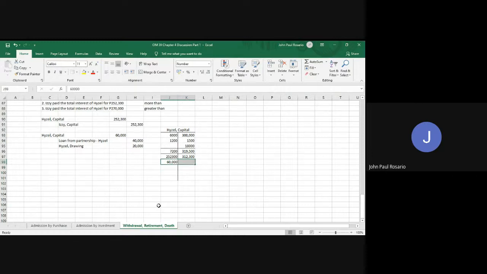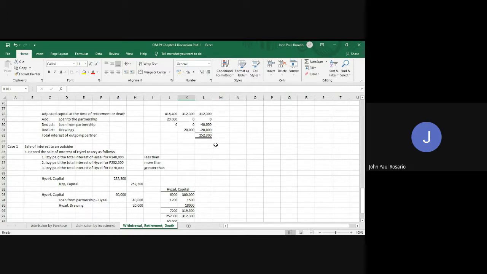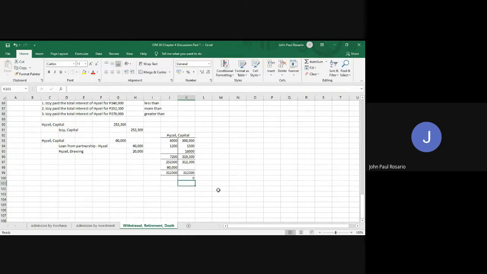So, as you can see, guys, it became 0. Minus this one. Okay. So, through these entries, na-zero out na nimo ang capital ni Hazel and nabutangan nimo si Easy og katong determined nga total interest of Hazel, which is the outgoing partner.